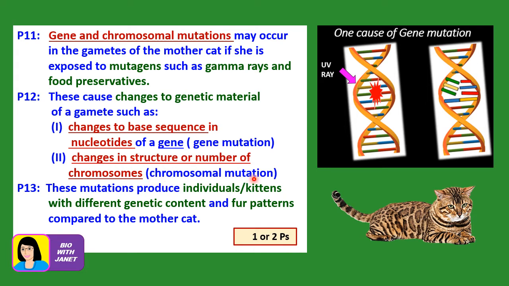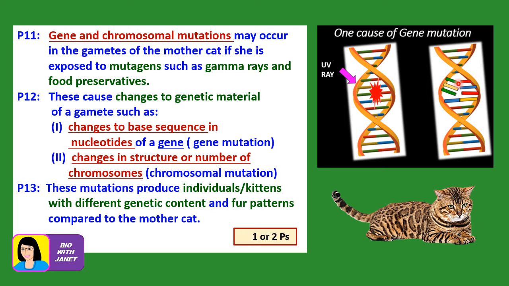chromosomal mutations. For example, as you can see in this picture, UV rays, or gamma rays, or some dangerous chemical substances, which are mutagens, could damage the structure of the DNA molecule in the gene. It could cause one of the bases to be deleted, to drop out, and this is called base deletion.